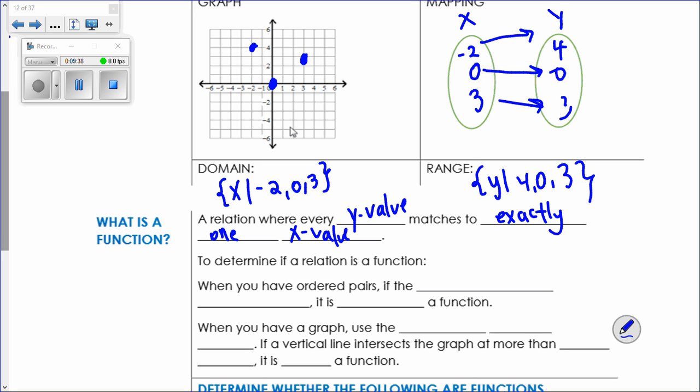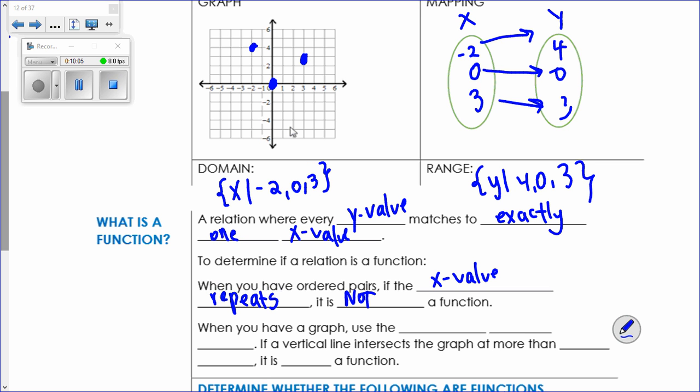So if I want to determine if a relation is a function, basically, when you have ordered pairs, if the x value repeats, you can make the conclusion this set of ordered pairs is not a function. Not a function.